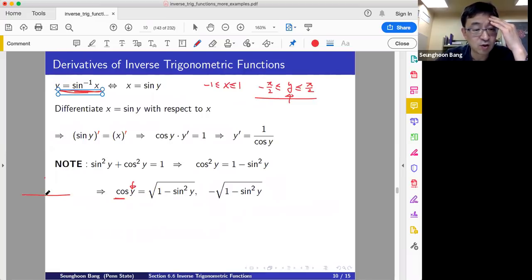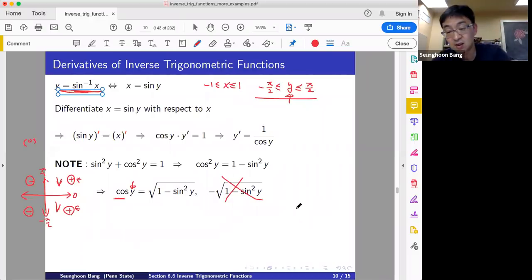You can draw rectangular coordinates here. This portion is negative pi over 2 to 0 to pi over 2, the fourth quadrant and the first quadrant. The cosine function is positive in the first quadrant, negative in the second, negative in the third, and positive in the fourth. This is the reason you cannot choose negative.